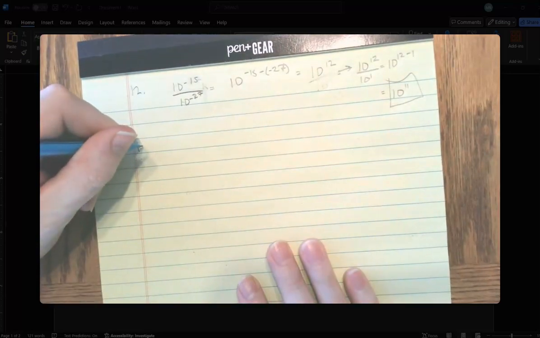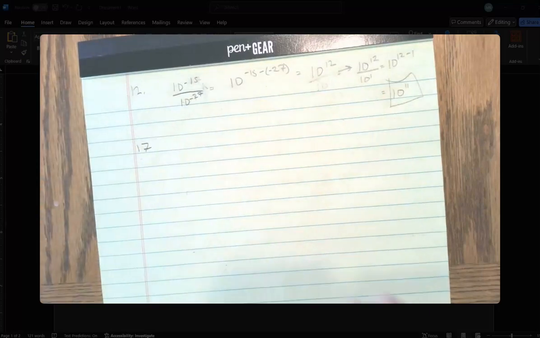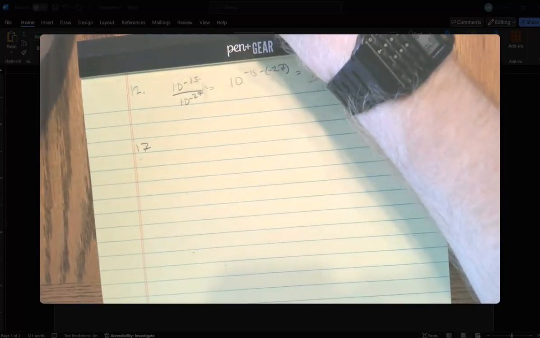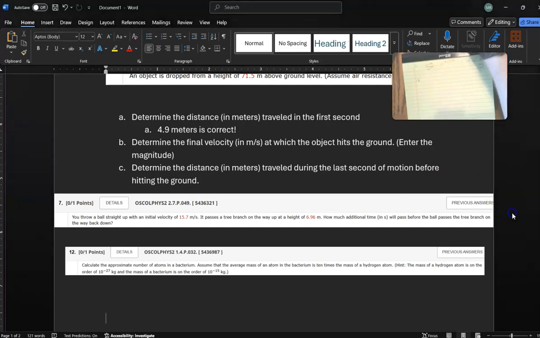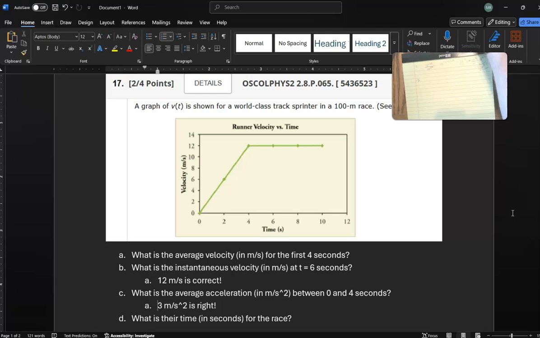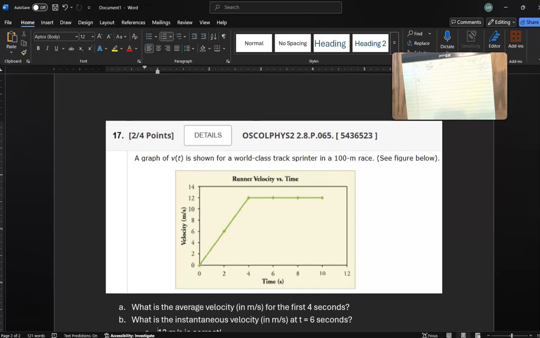All right. And finally, the last one here. So here we have a velocity versus time graph. The graph is shown for a world-class track sprinter in a 100-meter race.